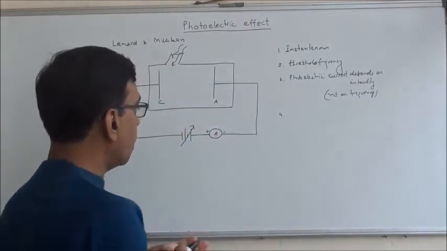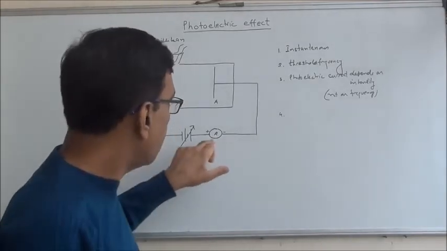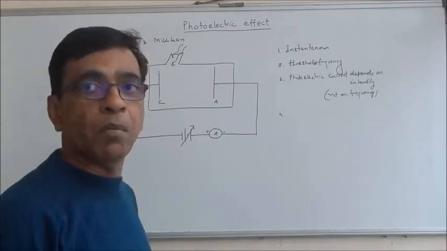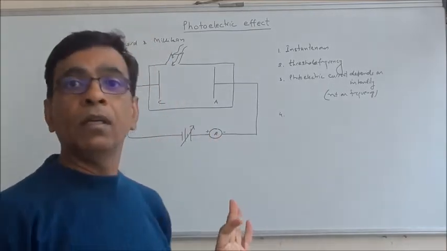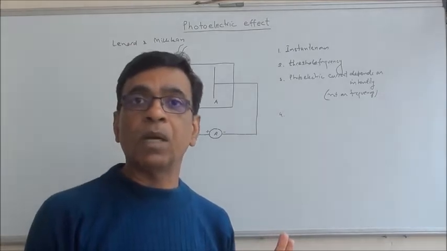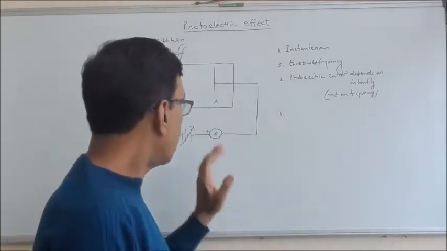So the current flowing in the circuit and measured by this ammeter will change only when we change the intensity of the radiation. By changing the frequency, the current remains the same.